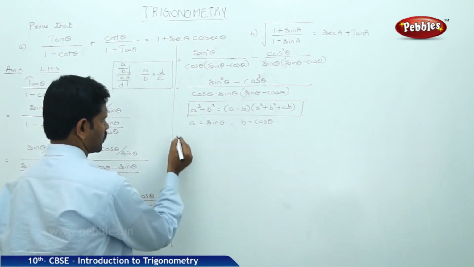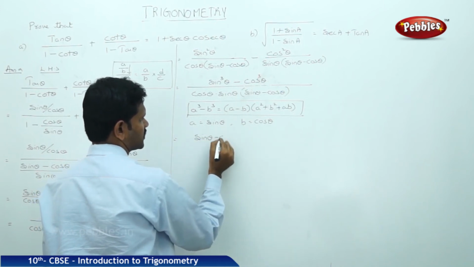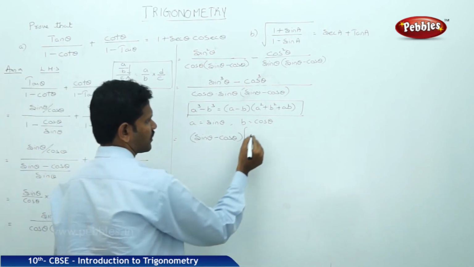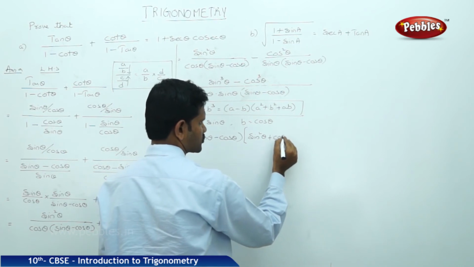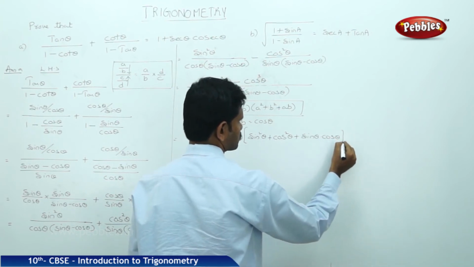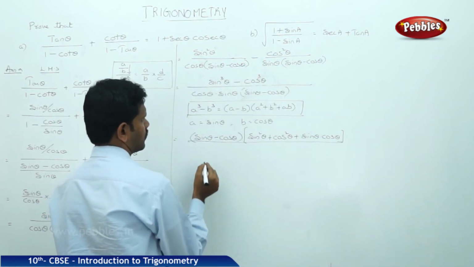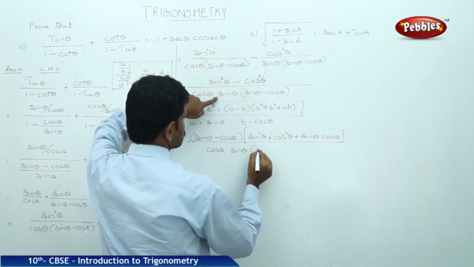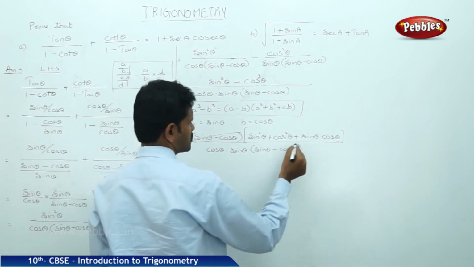Applying both values in the above formula, a cube minus b cube, that is (a minus b) into (a square plus b square plus ab), so sin theta minus cos theta into a square, sin square theta, plus b square, cos square theta, plus ab, sin theta into cos theta, whole by cos theta into sin theta into sin theta minus cos theta. Sin minus cos get cancelled.